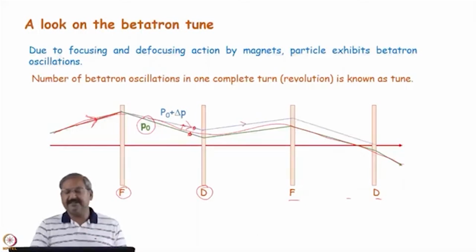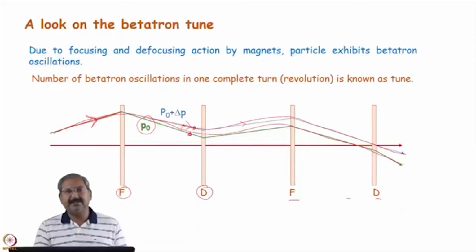In this fashion, we can see that this off momentum particle also exhibits a Betatron oscillation, but with a longer wavelength. Meaning one Betatron wave takes a longer length to complete. Meaning the number of Betatron oscillations in one complete turn for the higher momentum particle has been reduced.